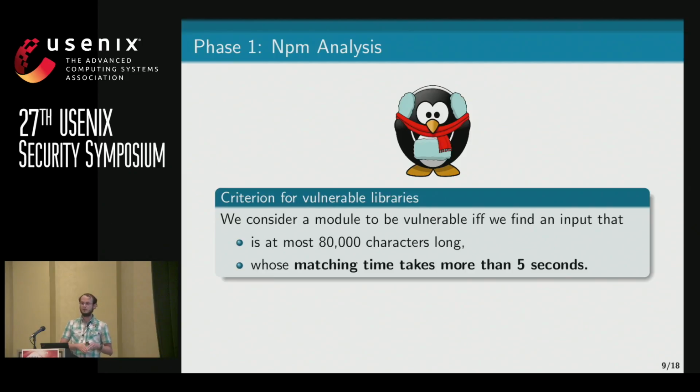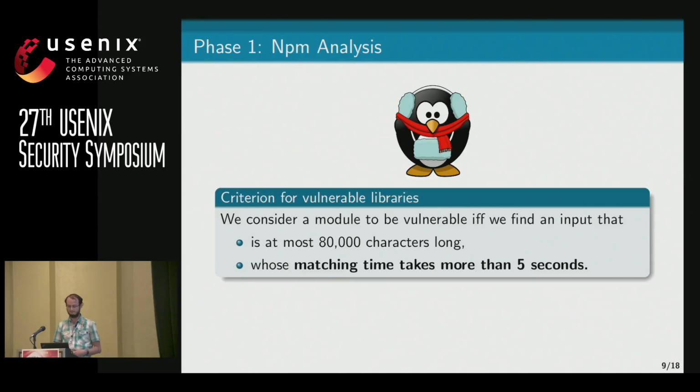Since we want to look at web applications at scale, we took this limit into account in this first phase. But of course, if an attacker decides to send these payloads through, let's say, POST requests, then you can relax this value. And the 5 seconds is an overestimate of what the community currently considers a ReDoS vulnerability.